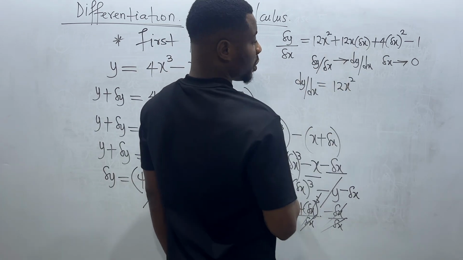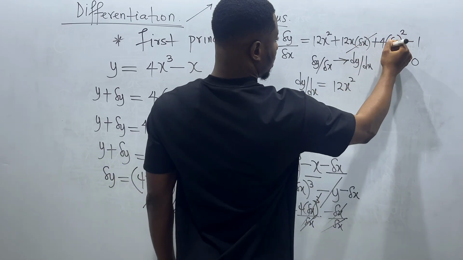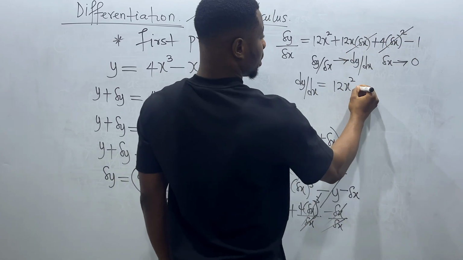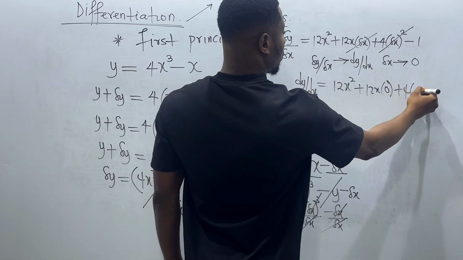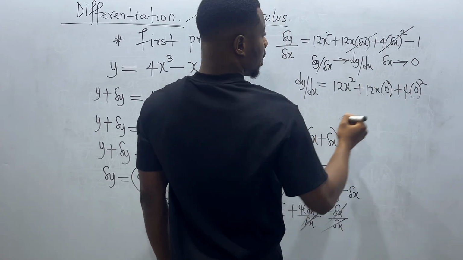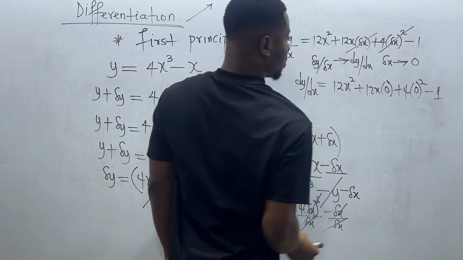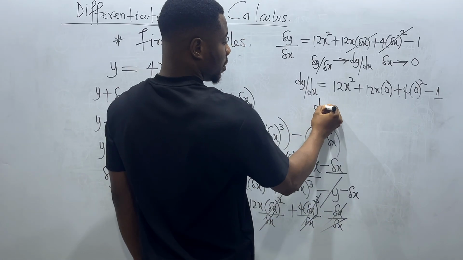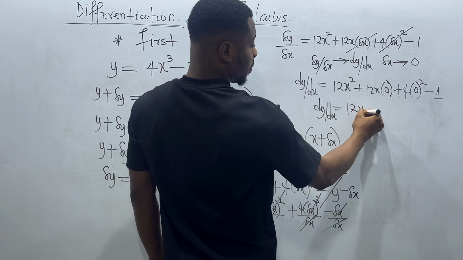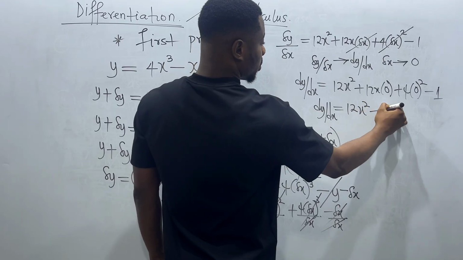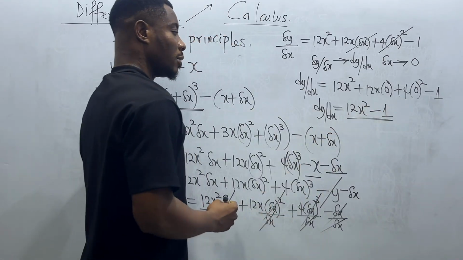Then this change in x is already 0, so this goes out. This goes out because this is something as saying plus 12x into 0 plus 4 into 0 squared. So remember we're having minus 1 left, so we have dy over dx is equal to 12x squared minus 1 as our final answer.